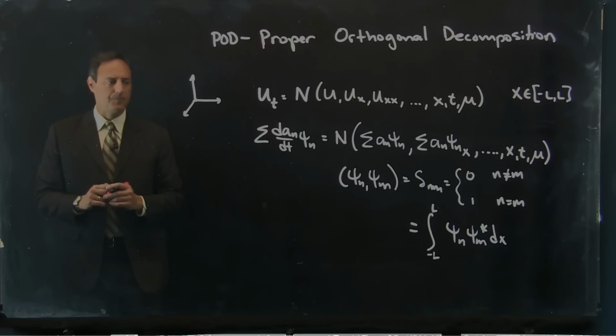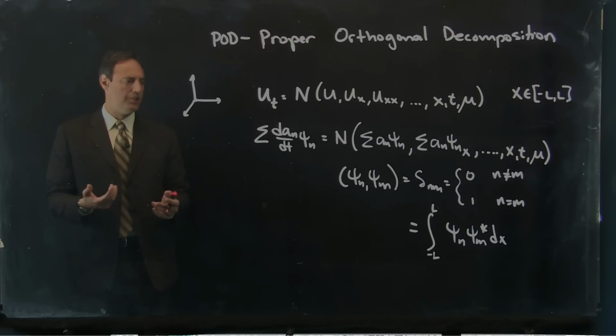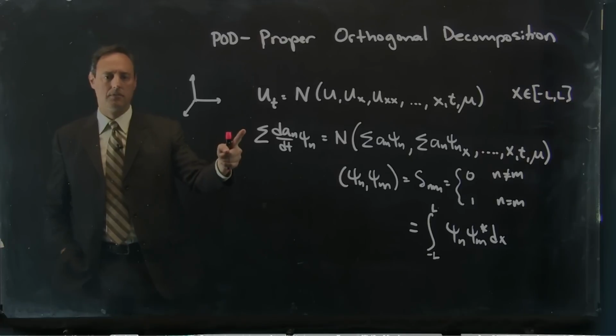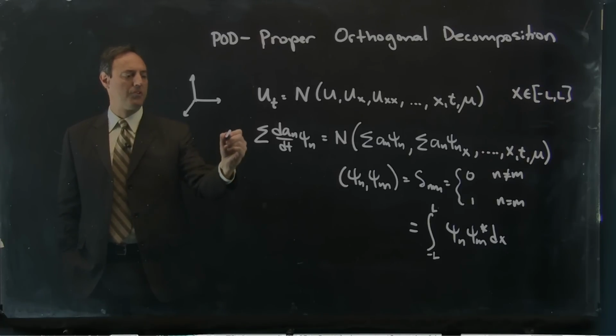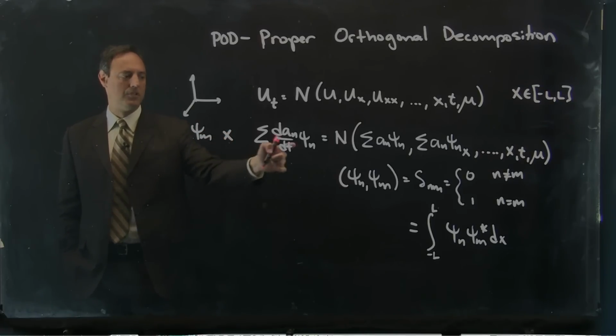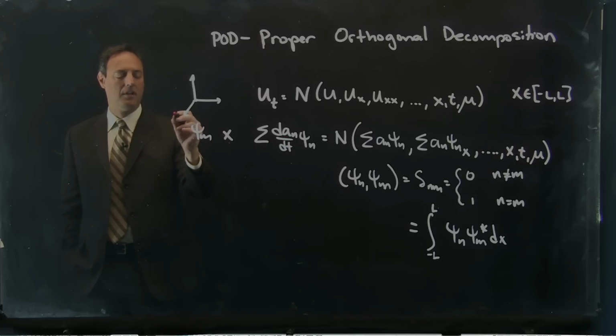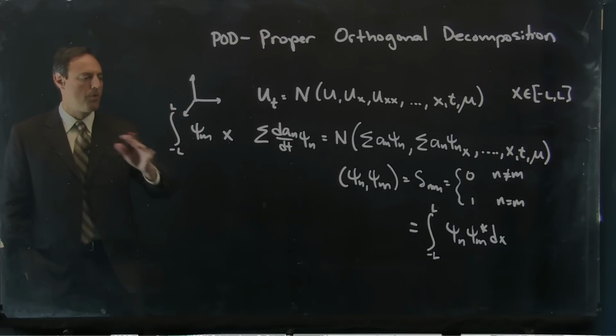Okay, with that definition, you can then come back to this equation and multiply both sides by phi of m. See, this is n here, this is m here. Integrate from negative L to L. So that's what we're going to do on both sides.